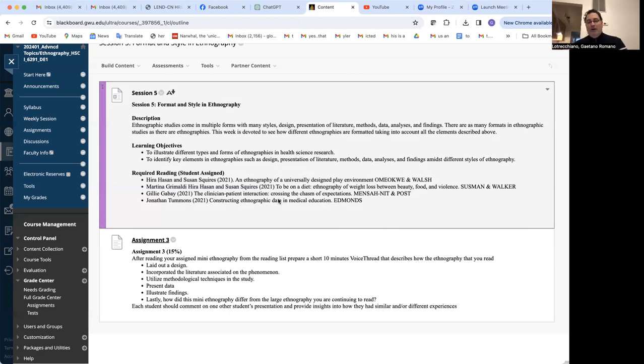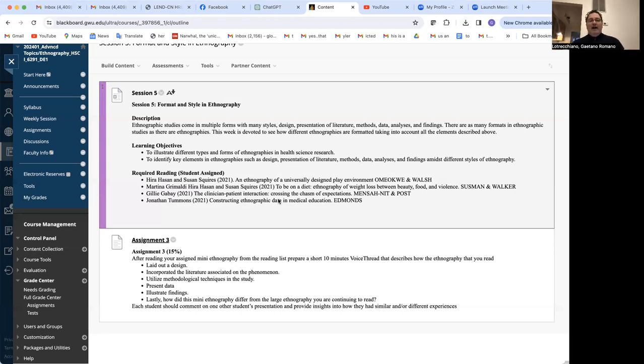They can be smaller. And in each one of these cases, the different mini ethnographies that I had you read this week, it's clear that information can be disseminated and the story can be told in a lot of different ways. Like I said, the motto with ethnography is there are as many formats as there are ethnographies in the world.